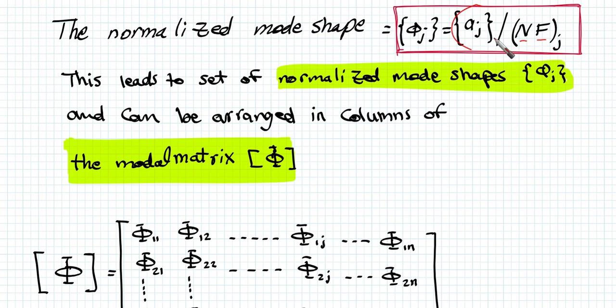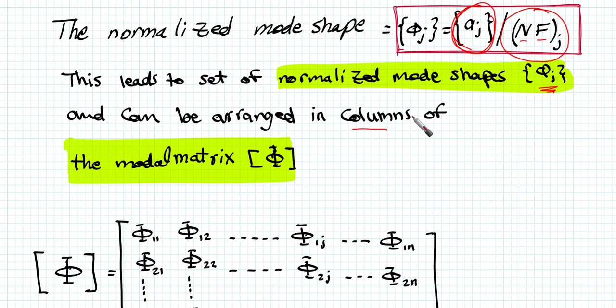So we divide our mode shape by the normalization factor that we obtained in the previous slide.